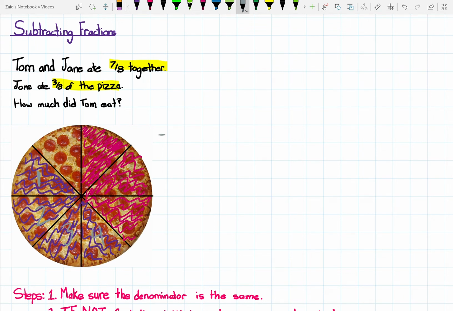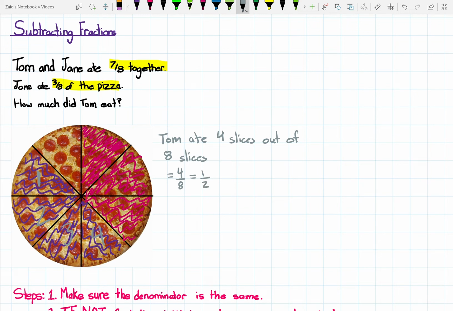So now we could say that Tom ate 4 slices out of 8 slices. And that's numerically saying Tom ate 4/8 of the pizza. And just to simplify that, we could say that Tom ate half of the pizza.